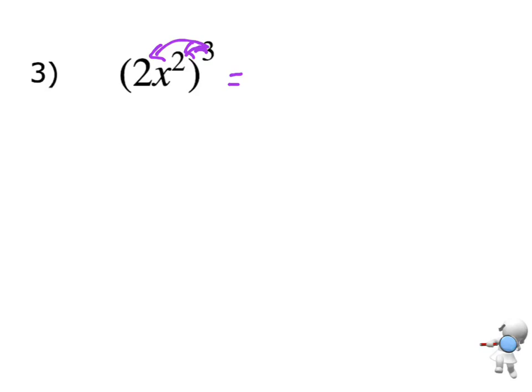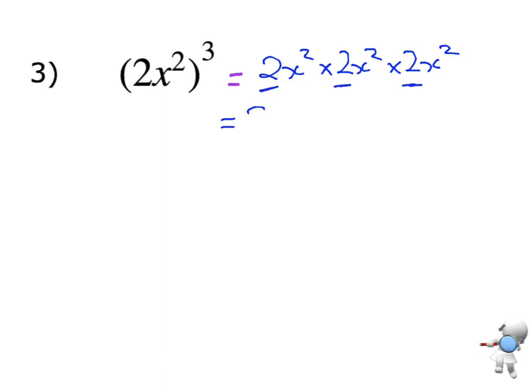So let me just first of all expand it out to remind you what this means. So 2x squared all to the power of 3 means 2x squared being multiplied by itself 3 times. Then I can simplify that, and I've got 2 times 2 times 2, which gives me 2 to the power of 3, or I can write this as 8, either or.